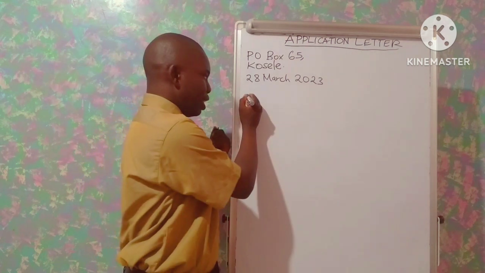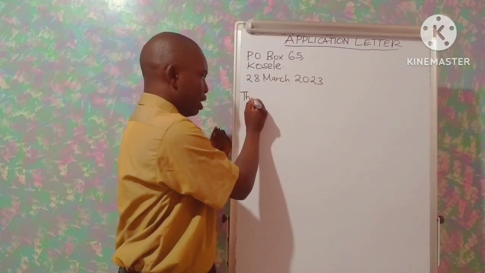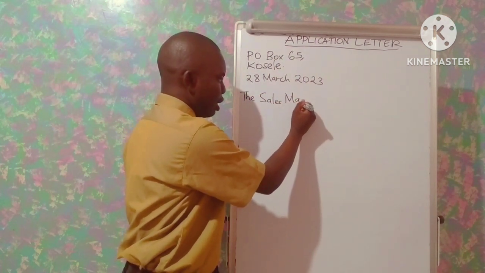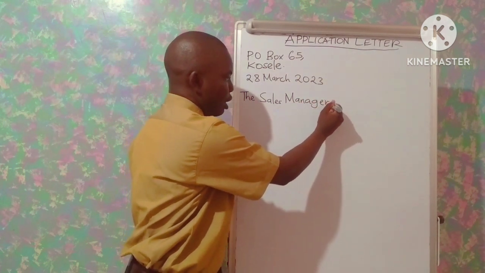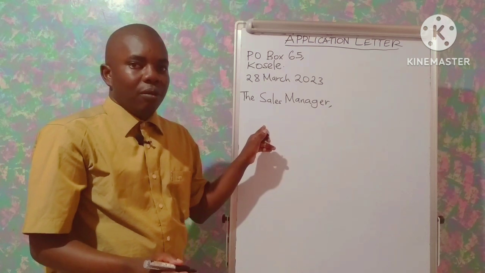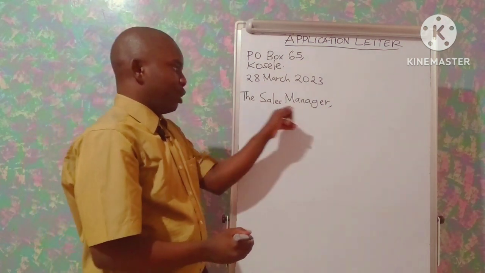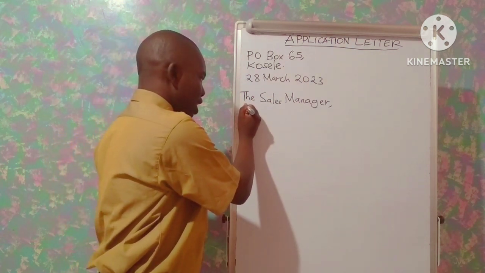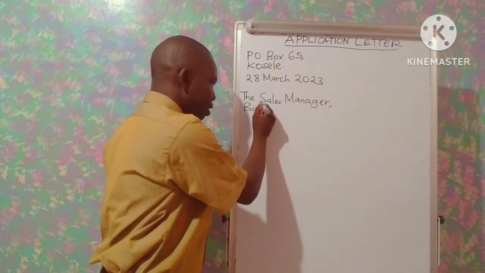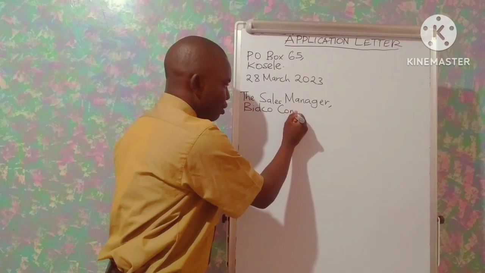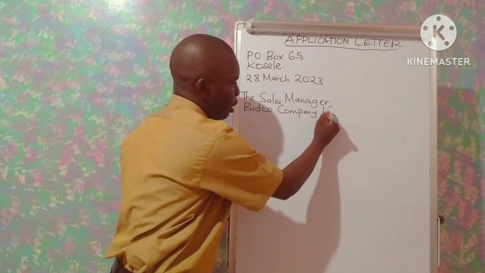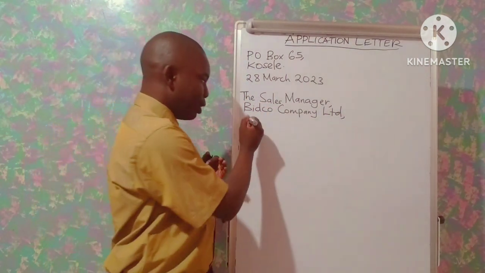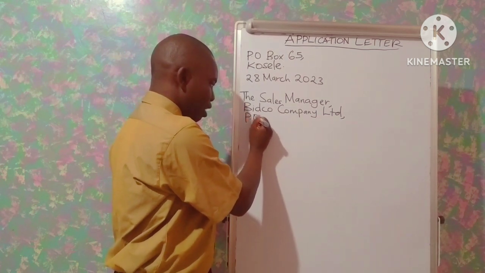So we can have, let's say, the sales manager, maybe Bidco Company Limited, then the box number of the company, PO box.